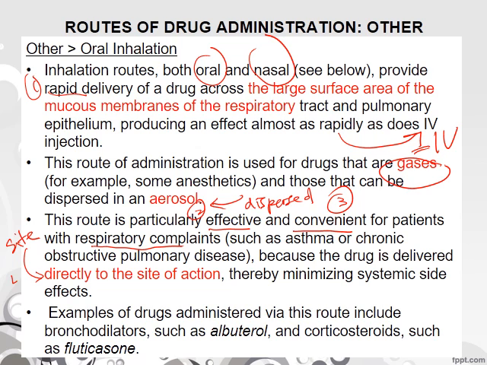The fourth advantage is thereby minimizing systemic side effects. Examples of drugs administered via this route include albuterol, corticosteroids, and fluticasone.